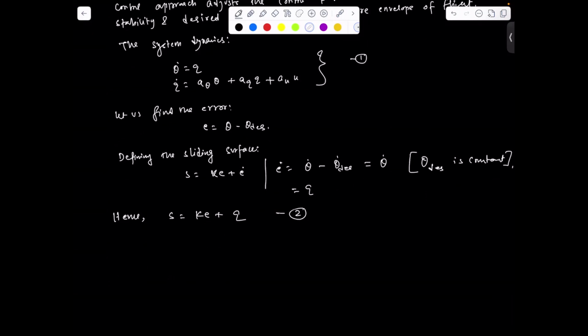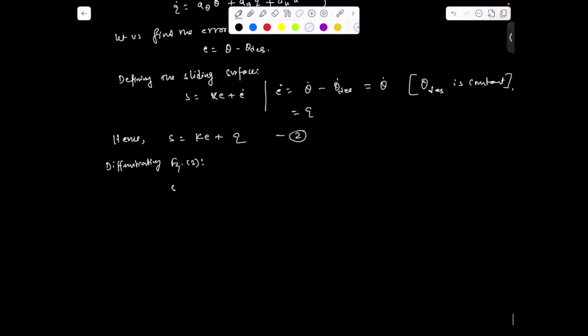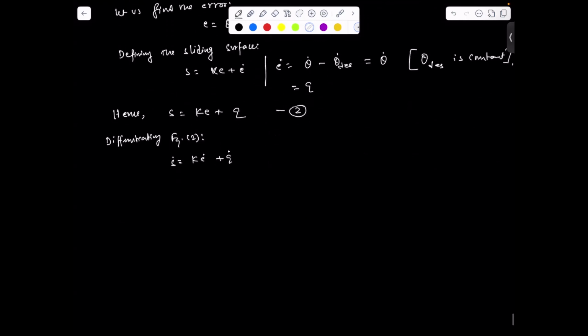Now, we will take the time derivative of this surface. Differentiating equation 2, we have S dot equal to k e dot plus q dot, or we can write k q plus q dot.